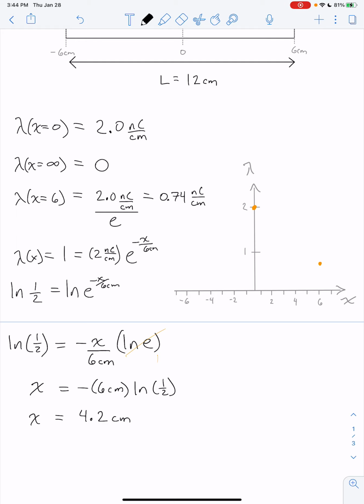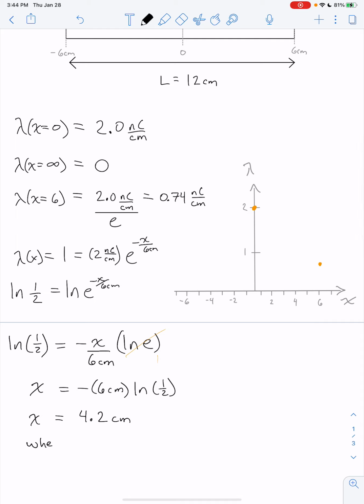So x is equal to 4.2, just reminding myself, when lambda is equal to 1. Okay, so now we've got one more point here, and we can say, well, lambda is equal to 1, x is equal to just past 4. So something like this. So now we get a sense that this is some steady, it's not so easy to draw a smoothly varying curve.